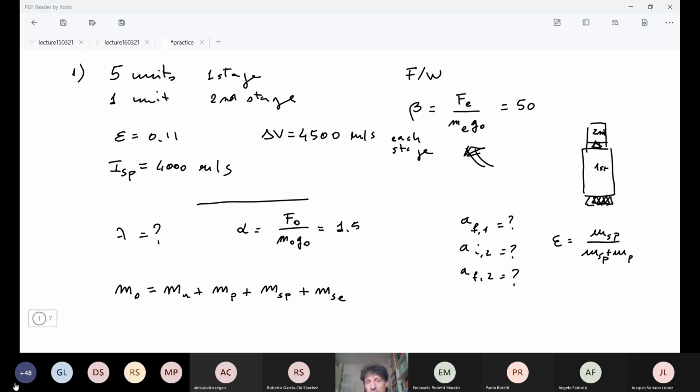That means that we can consider mass ratios to make our evaluations in terms of lambda and accelerations. So it's useful to divide everything by the initial mass and look at our coefficients, considering also that this relation must be specialized for both stages. So we look first at the first stage.